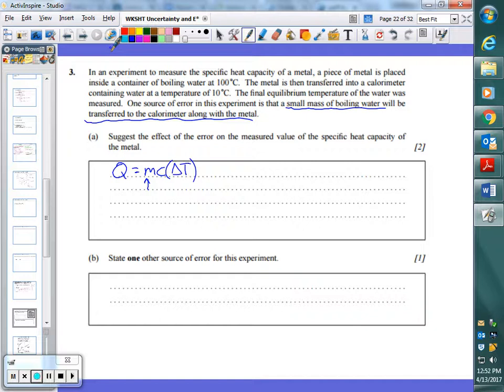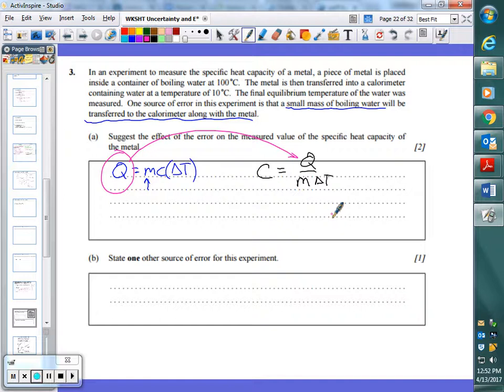No, no, no. You have to do this calculation for the water first, right? And then with this, you rearrange that equation for the metal, but this goes there because of the whole conservation idea.